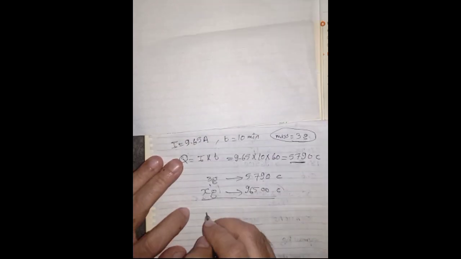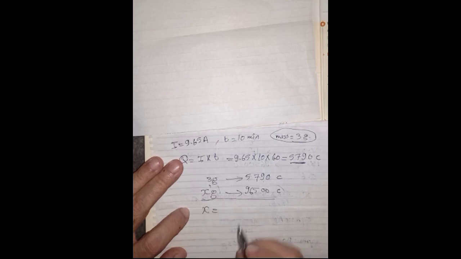By cross multiplication we found that 3 grams deposited or liberated relate to 5,790 coulomb. Now X, which is the equivalent mass of this monovalent metal, will be deposited when we use 96,500. Okay, let's make cross multiplication.